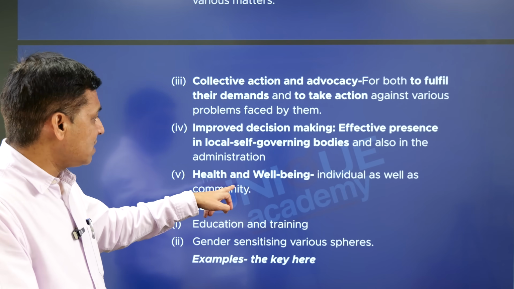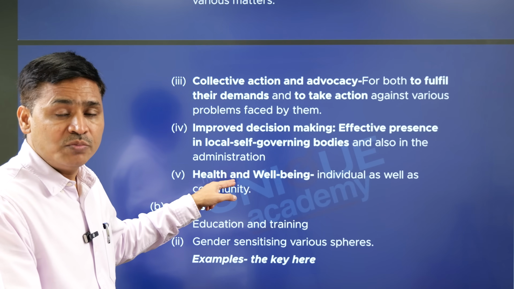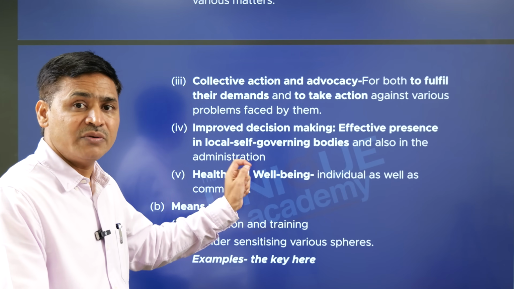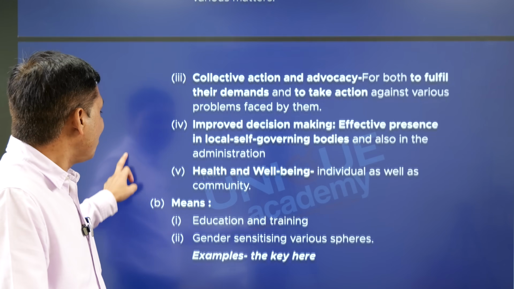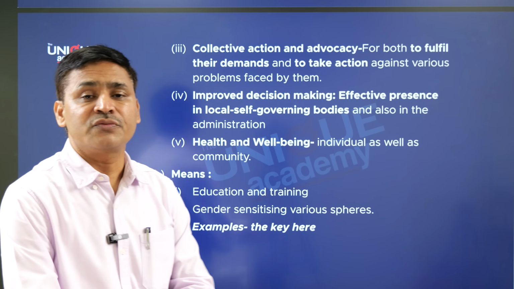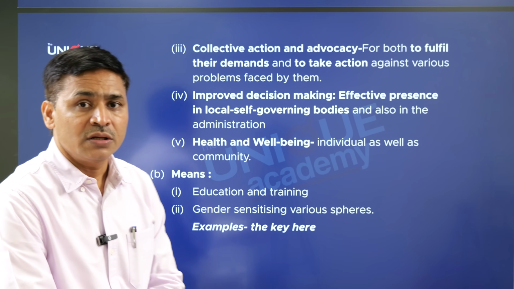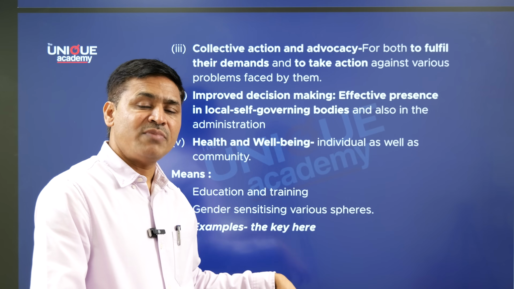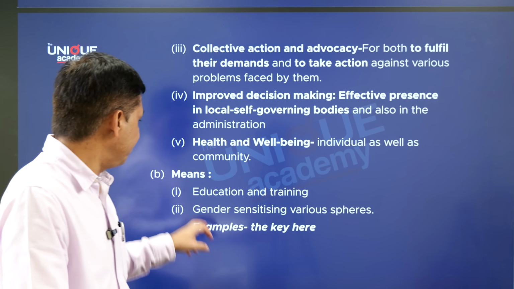Health and well-being, yes, that aspect would be taken care of in a more aware, effective and efficient manner. Now, how can we possibly ensure these 5 aspects, wherein their social capital contributes to both empowerment and gender equity?